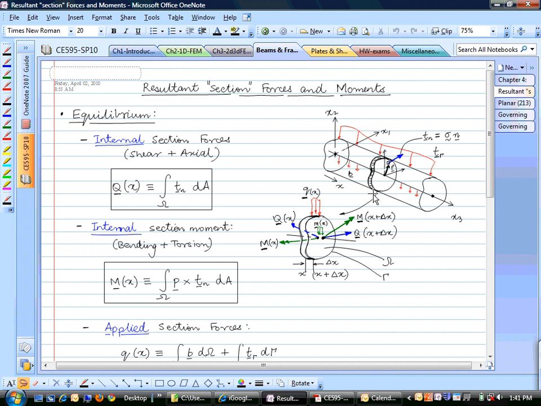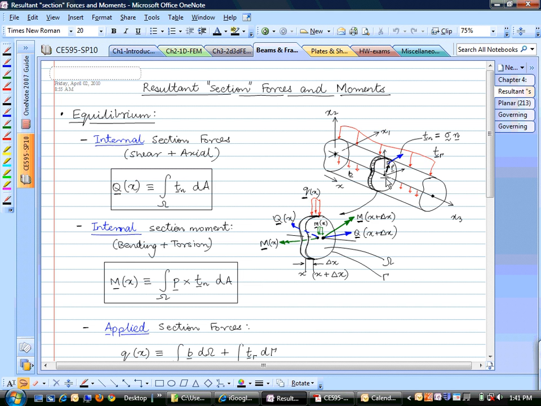So what we'll do is assume that if we can somehow find the deformation of the center line, and we can express somehow the rotation of a cross section, we have a center line, we have a cross section.